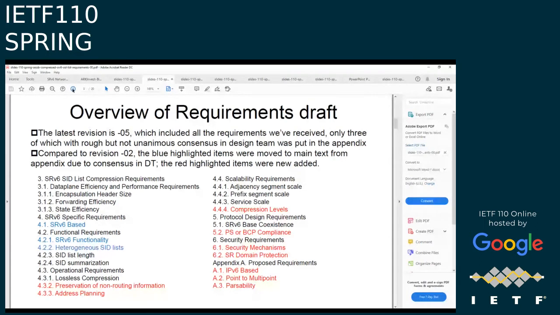We hope the working group can review it and give feedback comments. So compared to revision 2, this version moves 3 important items from the appendix to the main text, which are blue highlighted. And we also added 9 items with red highlighted.